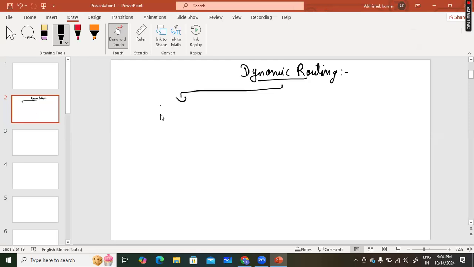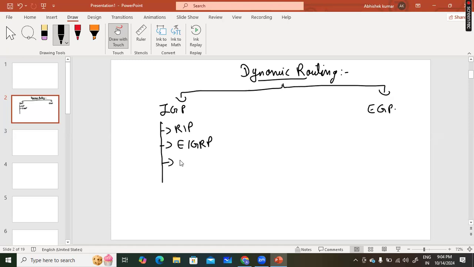One is IGP and one is EGP. In IGP, we have protocols such as RIP, EIGRP, OSPF, and ISIS. And in EGP, we have a protocol known as BGP.